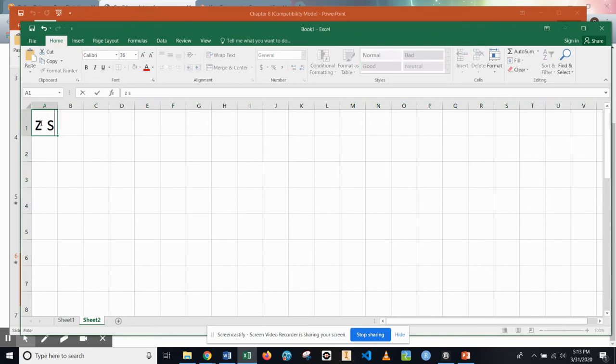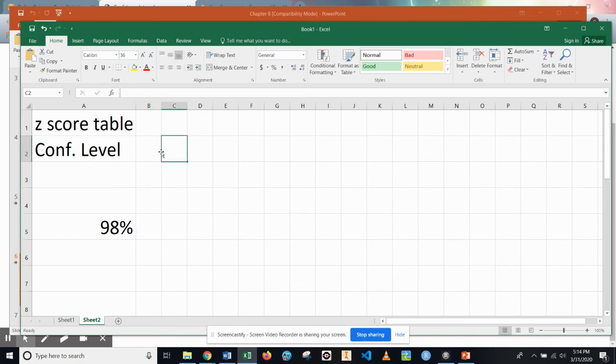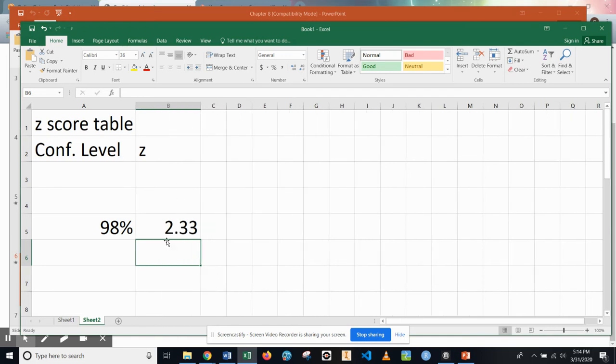My first column is the confidence level. So we just did 98%, and my z-score was 2.33. The reason I'm writing this table out is because for z-scores, if I do a 98% confidence interval, it is going to be 2.33 for that z-score.